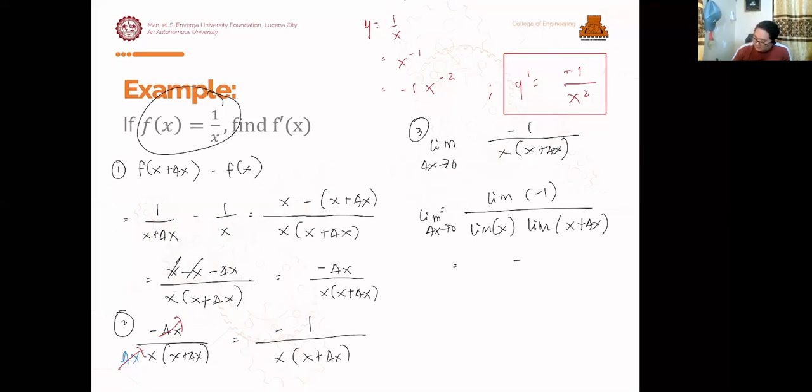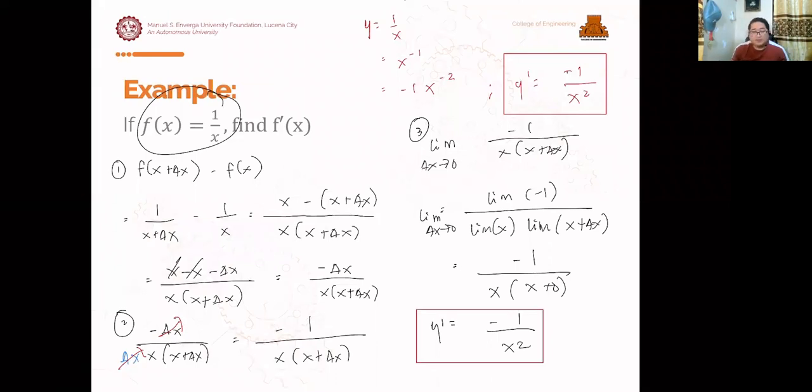So this will be negative 1 over x times x plus 0. So this will be negative 1 over x squared, which is the same nung na-calculate natin sa shortcut kanina. Okay?